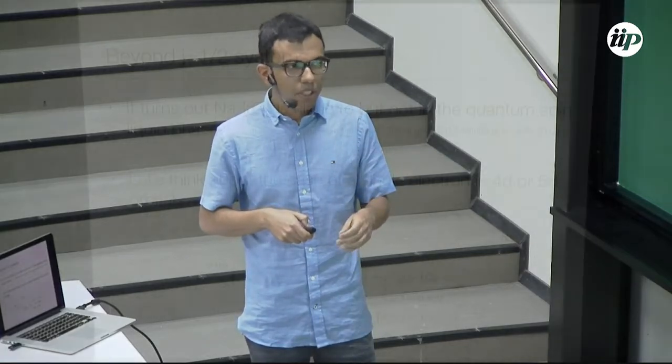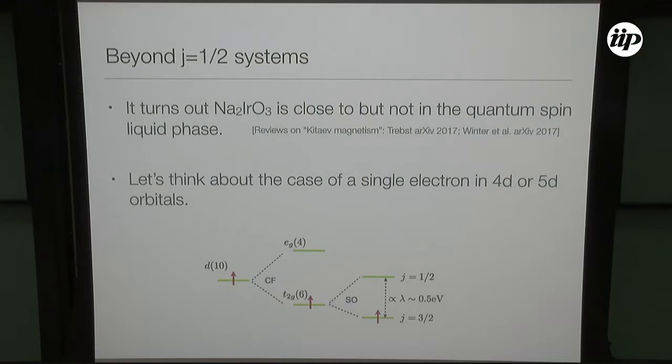We can start thinking about our alternatives. And people are really thinking about different materials that might show Kitaev magnetism, as it's called at the moment. So from here, I want to go in a particular direction. Like I told you, the case of sodium iridate was a single hole in a J equals 1/2 level.